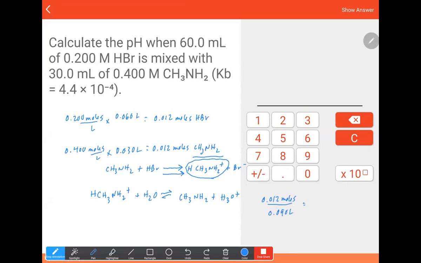Got to do liters. So 0.012 divided by 0.09. So we have 0.133 molar of this conjugate acid. So we're going to put that here. These are at 0 when we start, and then we're going to minus X.